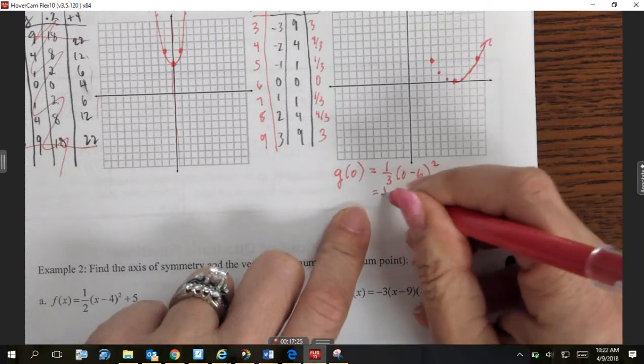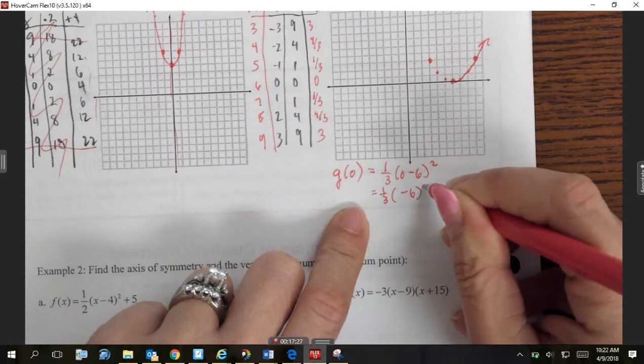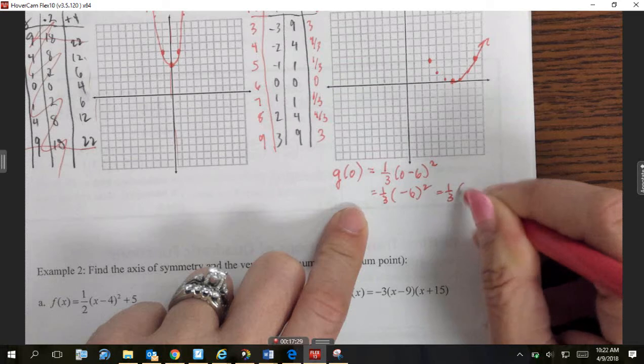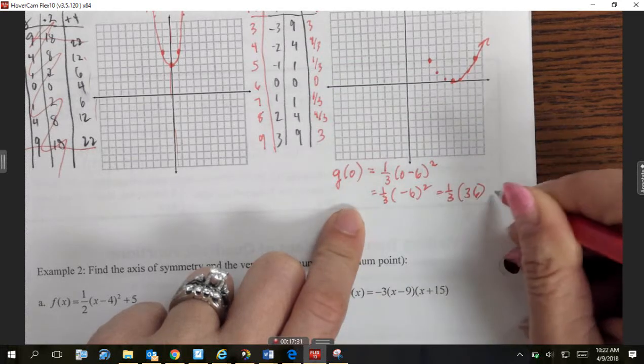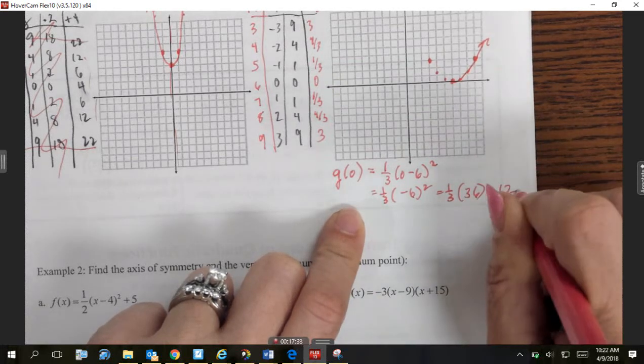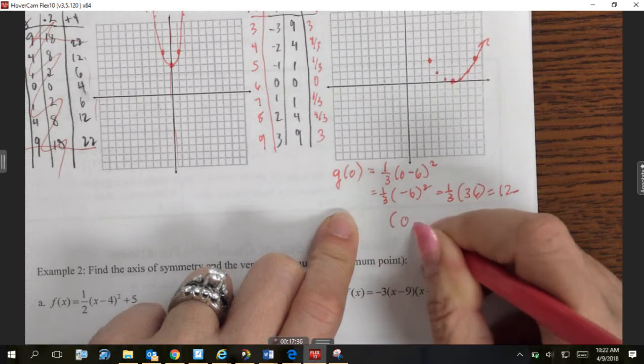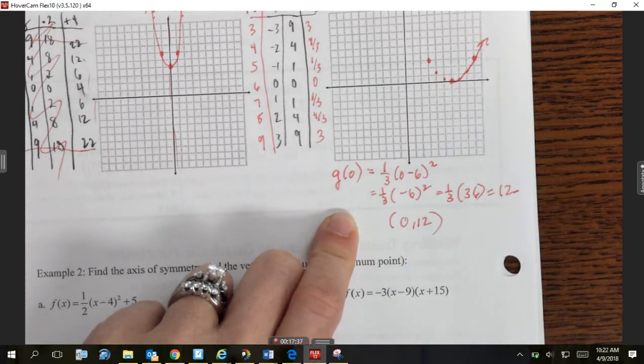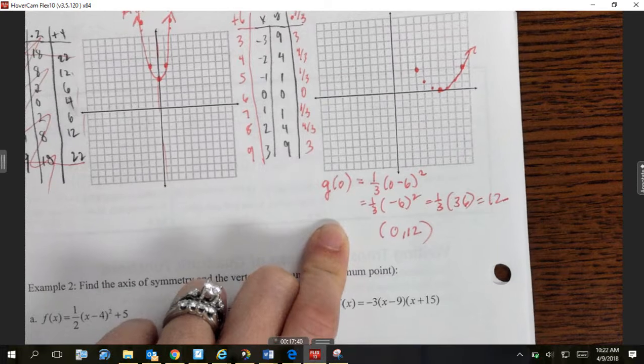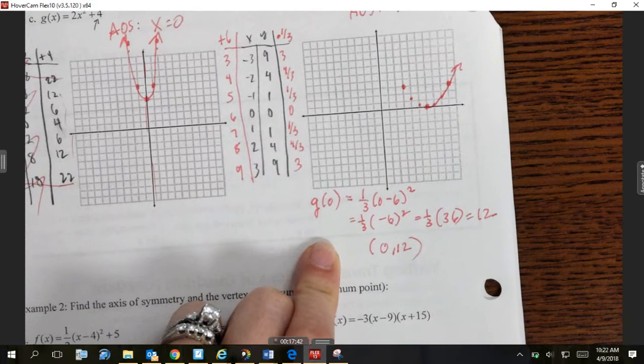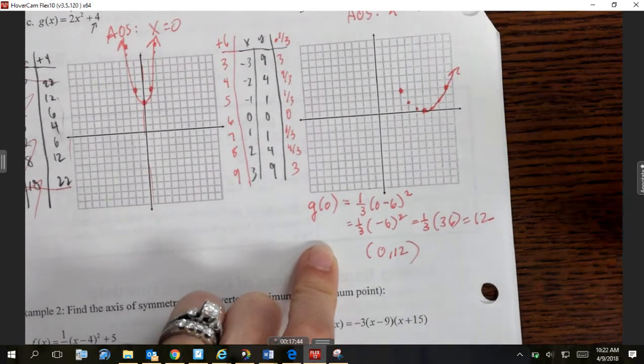So now I have 1/3 times -6 squared. So that's 1/3 of 36, which is 12. So my ordered pair is 0, 12. Will that fit on my graph? It's close. Close enough.